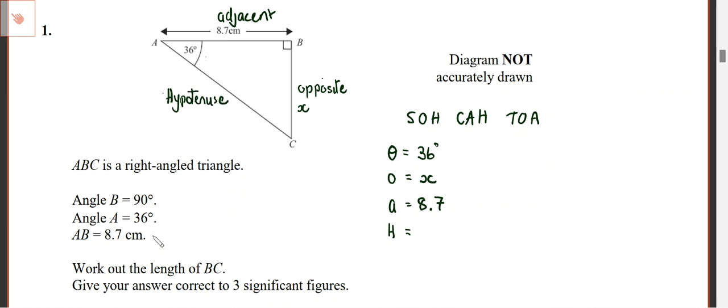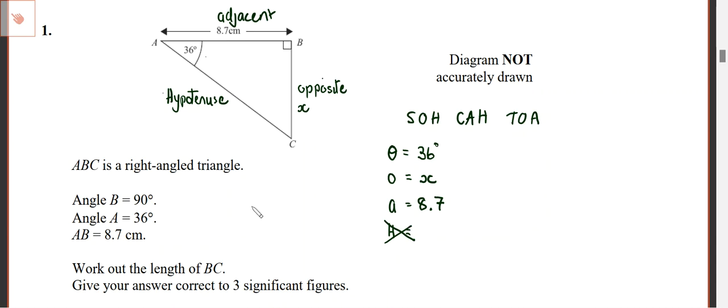Do I know it? No. Do I need to know it? So I am going to cross that out because I don't care about hypotenuse in this question. All right, make sense? So I've already eliminated something that I don't need to worry about.